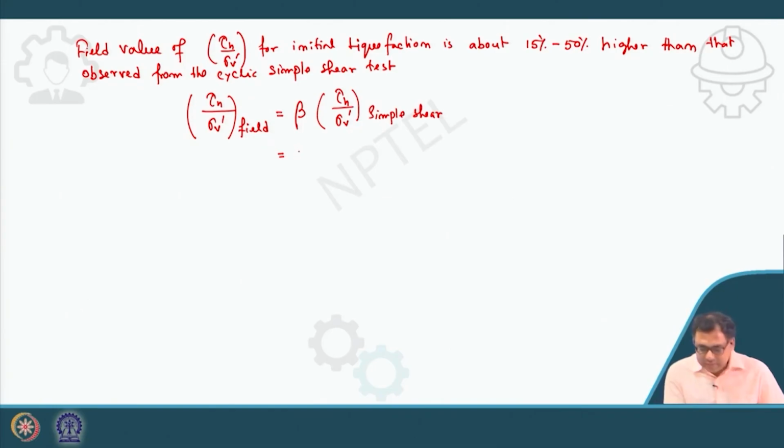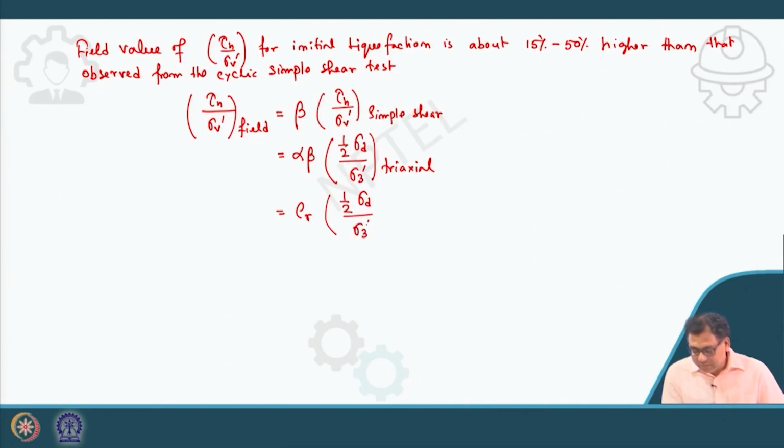So now I can write this is equal to alpha times beta times half sigma d by sigma 3 dash for triaxial. So this is CR into half sigma d by sigma 3 dash for triaxial. Now we can correlate the triaxial test data also with field data like this, where CR is equal to alpha into beta.